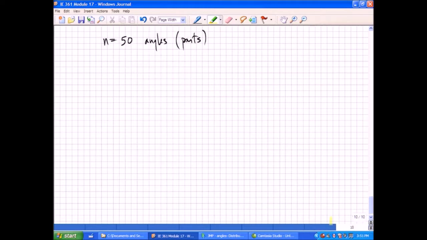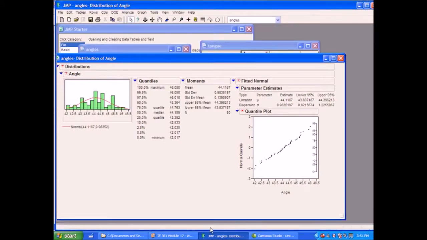In fact, if I go back to what's on this printout, I see that JMP has already provided for me the chi-square confidence limits for sigma here and there. That is, I don't even have to do the table lookup in the chi-square table for 49 degrees of freedom. I can just read these things right off of this printout.